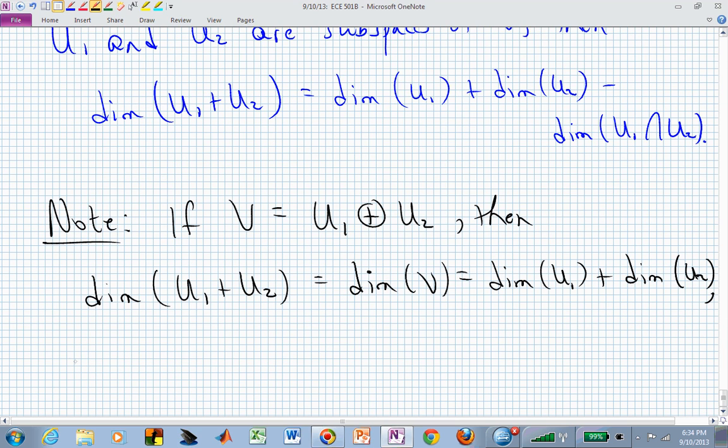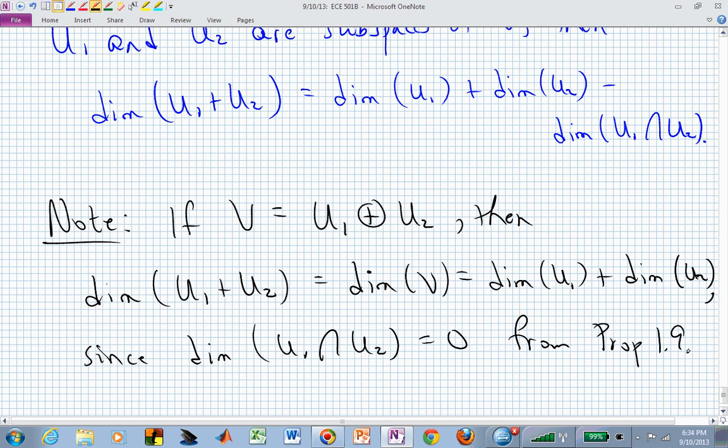And the reason is since the dimension of U1 intersect U2 is equal to 0, and that's from an earlier proposition, which is proposition 1.9 in the textbook, which says that in a direct sum combination of a vector space, the intersection by definition of those two subspaces has to be the origin or the additive identity, and that has a dimension of 0.